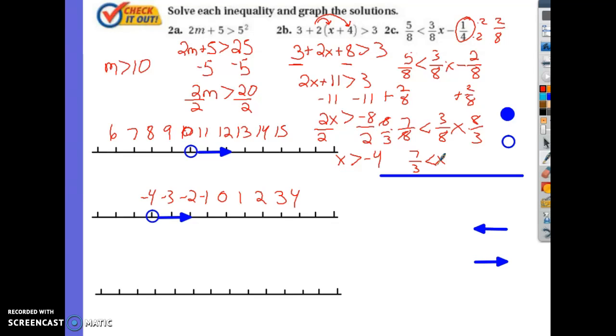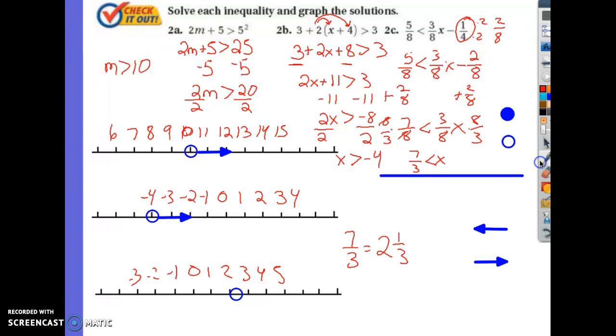Okay? So now I'm going to just plot this, and even though it's a fraction, that's okay. I'm just going to do negative 3, negative 2, negative 1, 0, 1, 2, 3, 4, 5. I know that 7/3 is equal to 2 1/3, so I'm just going to take an open circle, and 2 1/3 would be about right here.